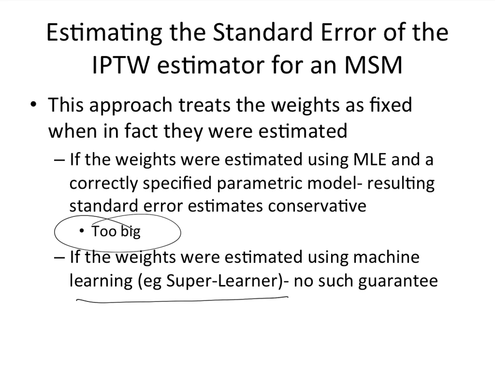So it's a good idea to do SuperLearner, and you do it by necessity. It's not like, I'm just going to do a parametric model because then I'll be conservative. No, you'll be wrong if the parametric model's wrong. So it's a good thing to use data adaptive techniques, but the theory no longer carries through guaranteeing that you have proper inference.